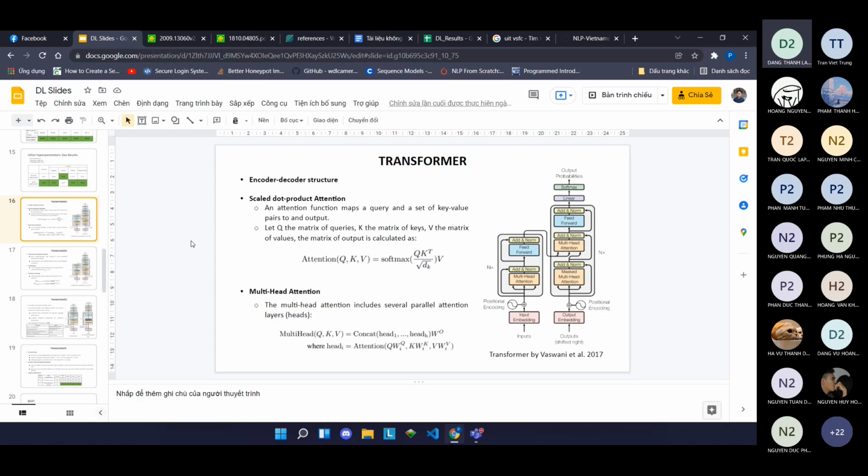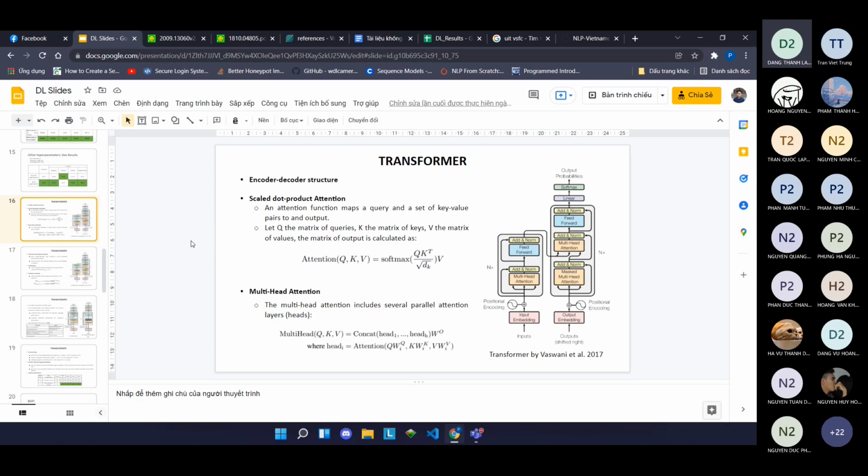First, for the division by the square root of dk, we use a softmax here. We all know that if the result of the dot product is too large, then the gradient would be small. So the division is in order to scale it, so we can avoid vanishing gradient.